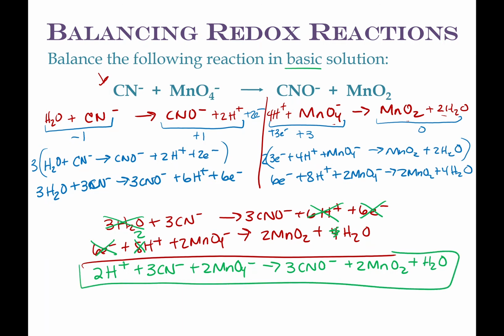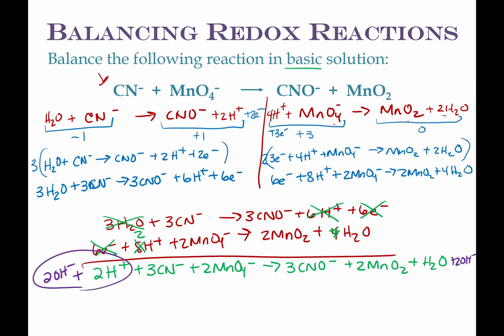But it's not, is it? That's our final if we were in acidic solution. But we're not, we're in basic solution. So since we're in basic solution, if there's any H+ left around, we have 2 over here, so we need to add 2 OH- to both sides.